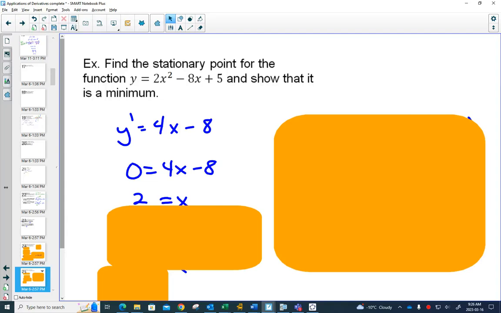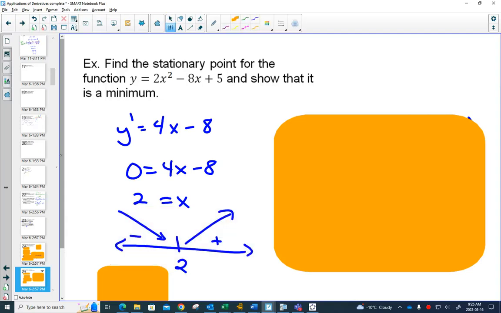Draw our number line. And if you plug numbers into your number line, you will find it goes from decreasing to increasing. We can plug 2 back into our original equation, and we find out that the point is 2, negative 3.